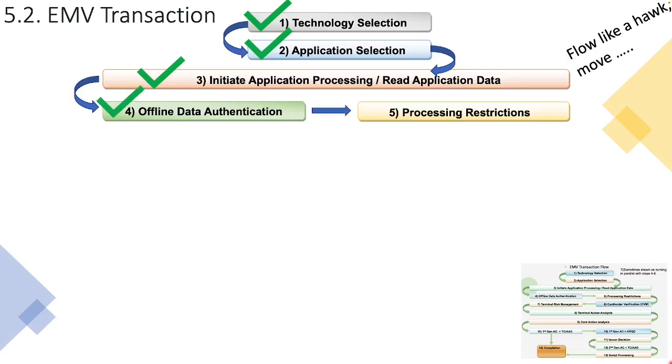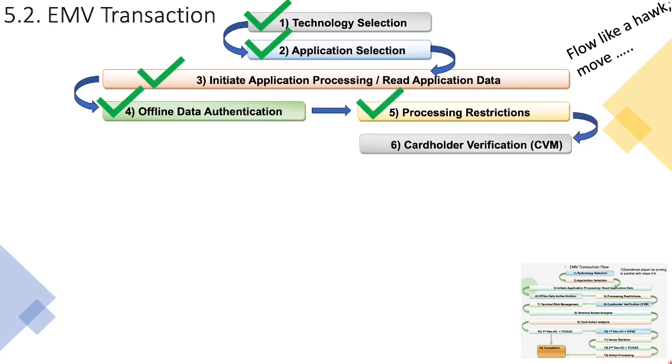The terminal verifies that the transaction itself is valid. The terminal then verifies that the person attempting to use the card is the genuine cardholder. The terminal does some risk management processing called terminal risk management, which is step 7.